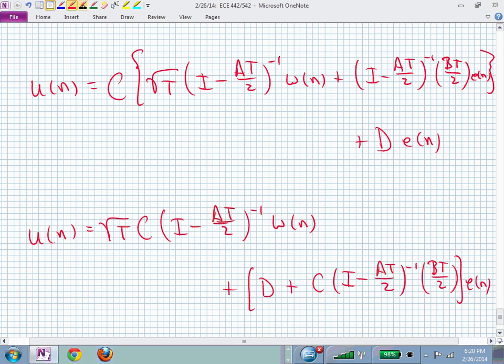This piece is now our H matrix, the output matrix, and this is our direct feed-through matrix J. So even in this bilinear state space discrete equivalent, if somebody had a direct feed-through term that was 0, you still potentially have a direct feed-through term in this discrete time state space equivalent.